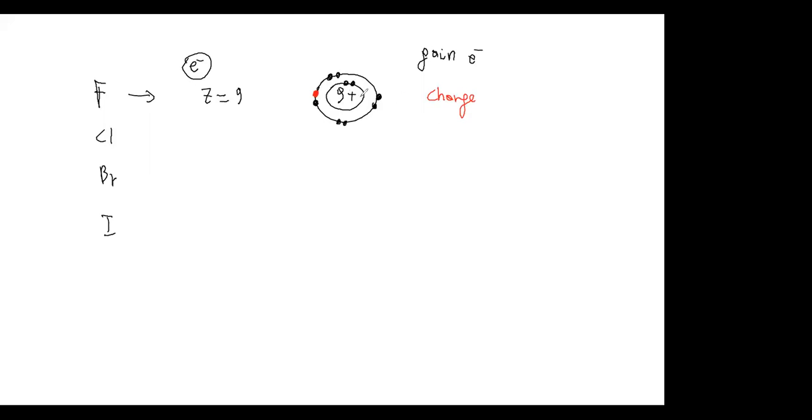Because if you look carefully, we have 9 protons and 10 electrons, which are negatively charged particles, and the summary will be -1.